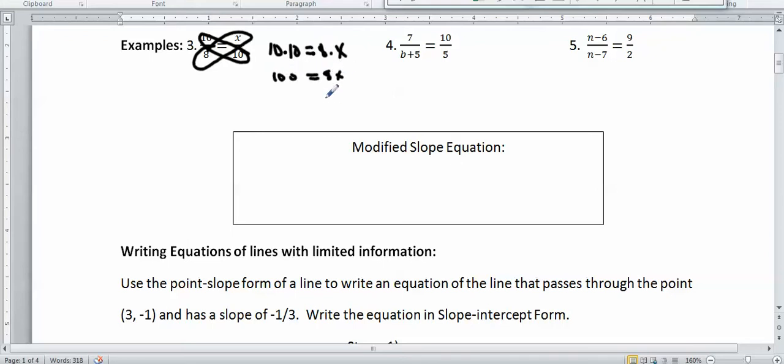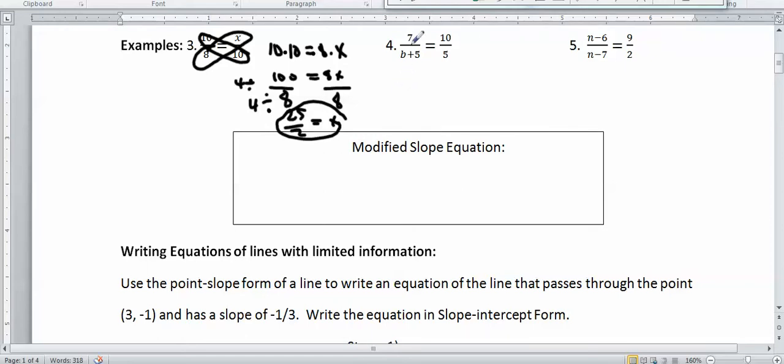And I just have to solve for x from there. So divide both sides by 8. I can't reduce this in its entirety, so I have to simplify it. I can divide each of these things by 4. So what I end up with is that x is equal to 25 over 2. Okay, and I'm going to leave it as a fraction just because I like that. You could also change that to a decimal. That would be an exact decimal.